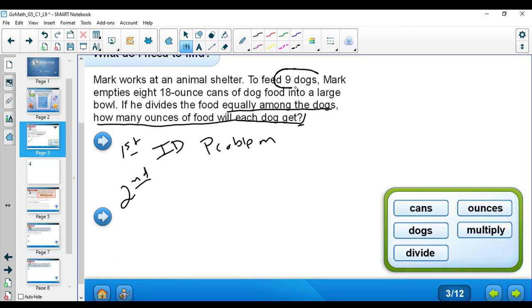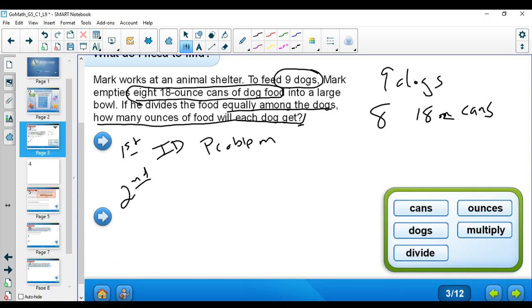I also see that there are 9 dogs. And how much food do we end up with? He has 8 18-ounce cans of dog food, into a large bowl.